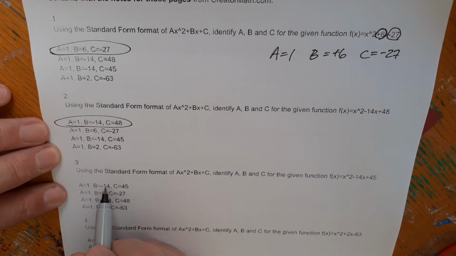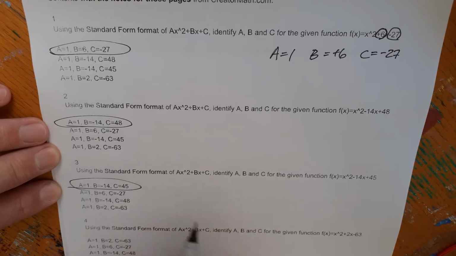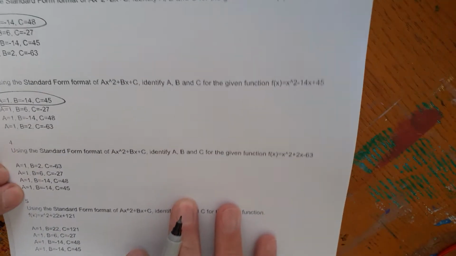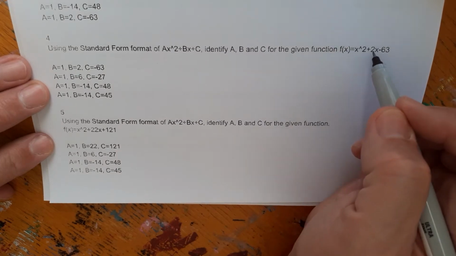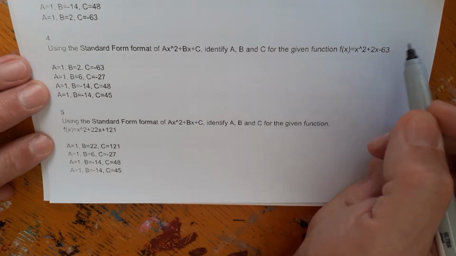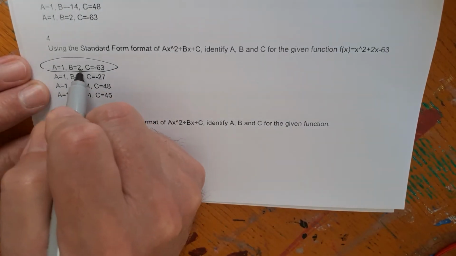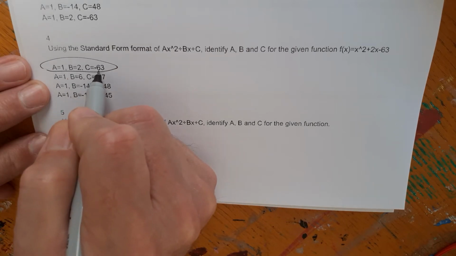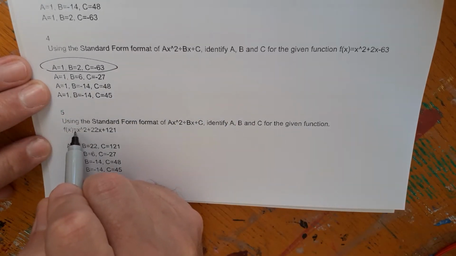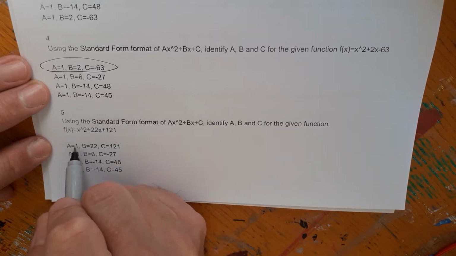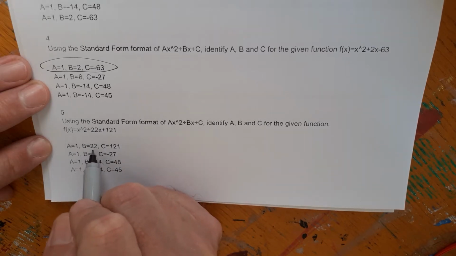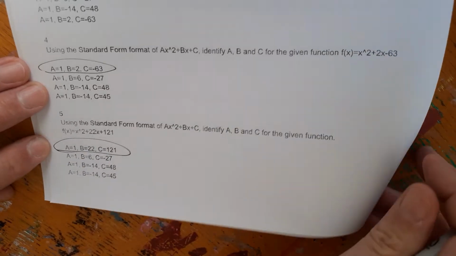Then 1, positive 2, negative 63. Then 1, positive 22, positive 121. So far, piece of cake.